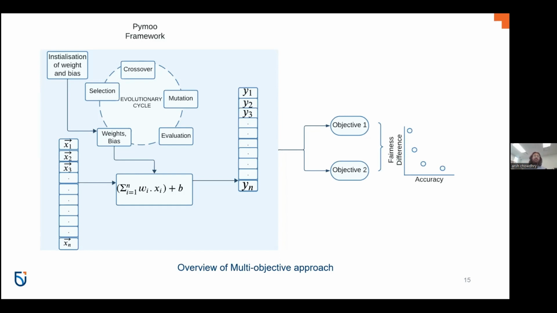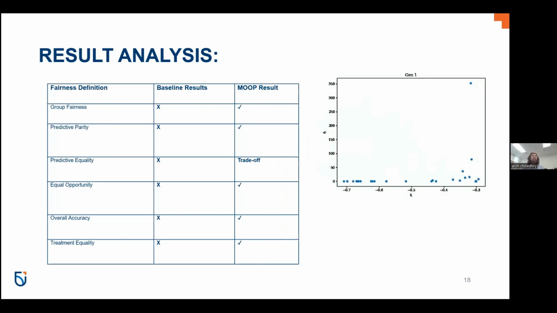And we can understand whether we are able to achieve maximum accuracy and maximum fairness at the same time or not. So this table summarizes our multi-objective results, comparing them with the baseline results from single objective training across all fairness notions, the 6 fairness notions. When we implemented fairness analysis on standard machine learning models and conducted the statistical test on experiments, the results show that these techniques led to biased predictions.